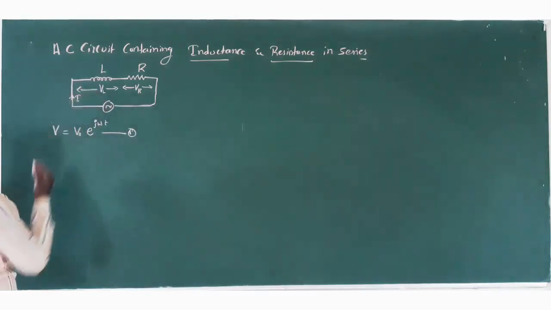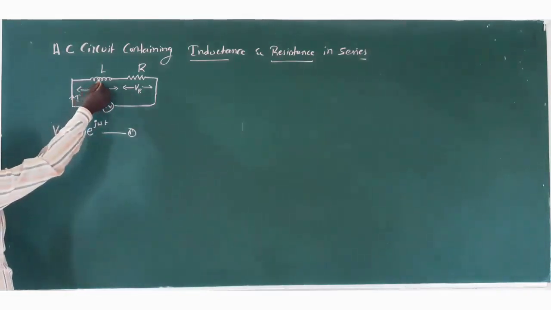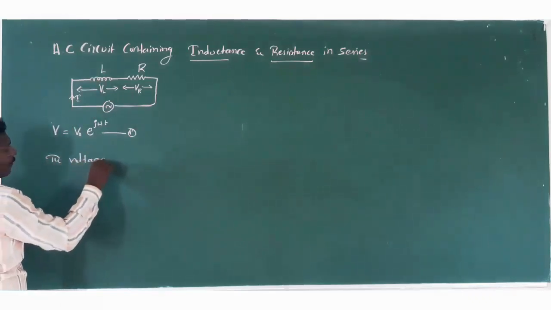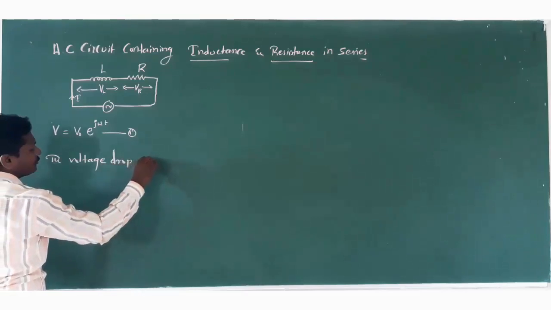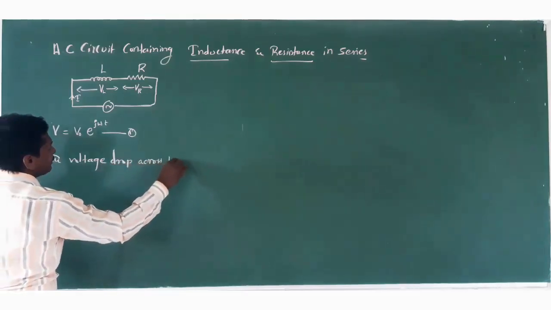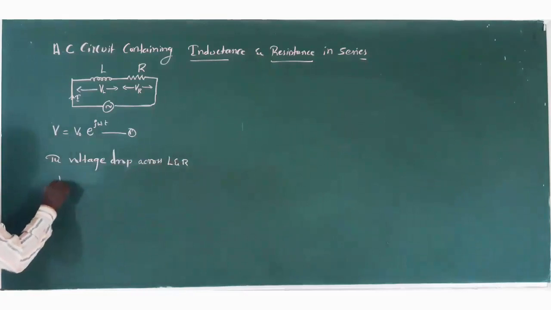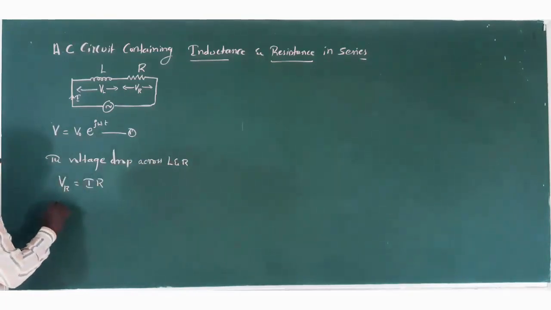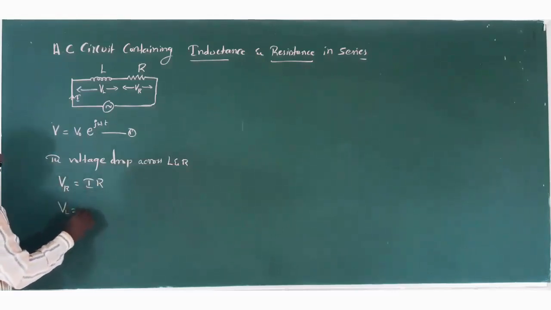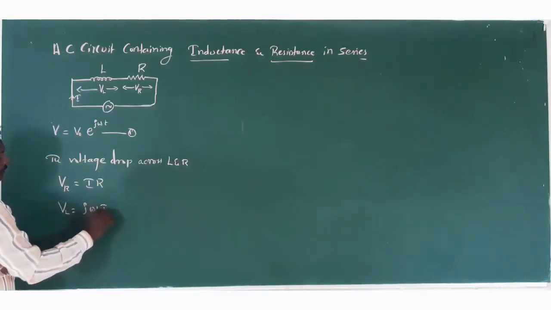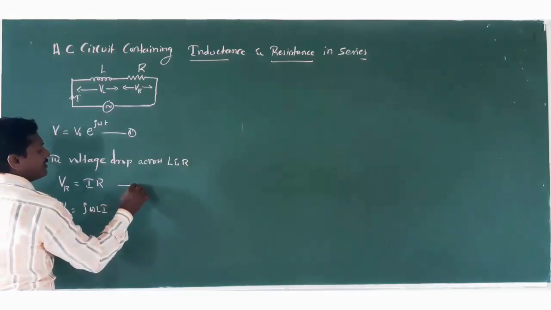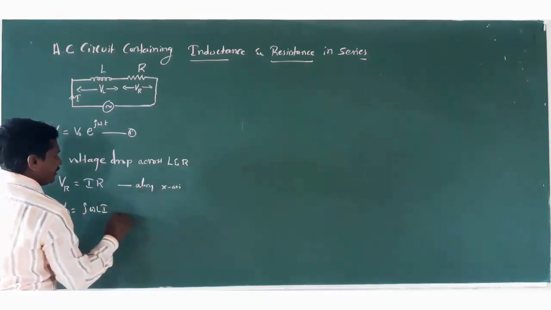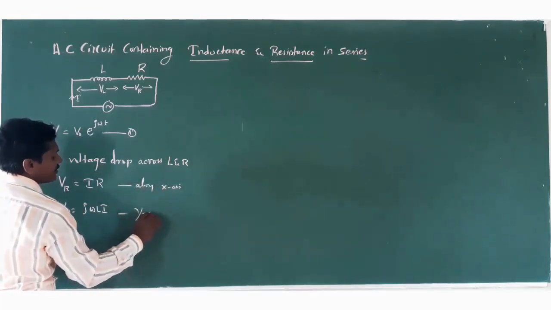Now the voltage drop across the inductor and resistor can be represented by VR is equal to I into R, and VL can be written as j into omega L into I. This we consider along the x axis, and this one is along the y axis.